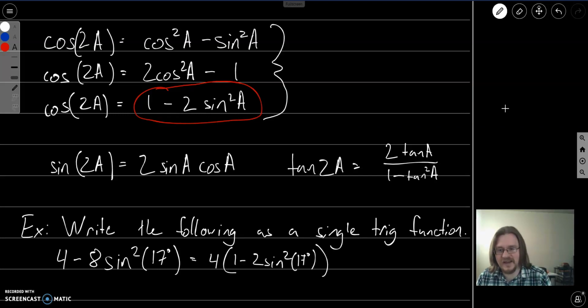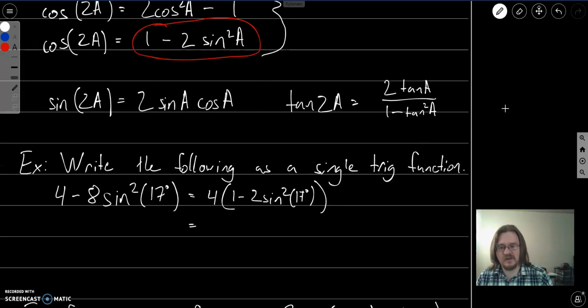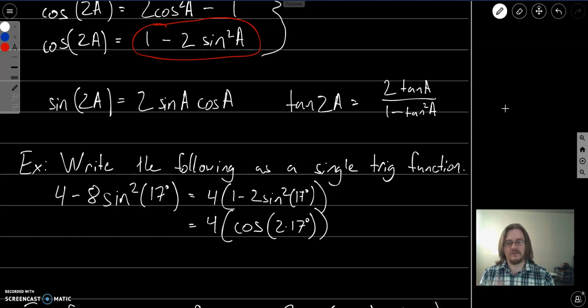Oh, and then this is just the cosine of twice A. So this is going to be 4 times the cosine of twice the angle in here. So what's twice 17? It's going to be 34. So this is 4 times the cosine of a 34-degree angle.